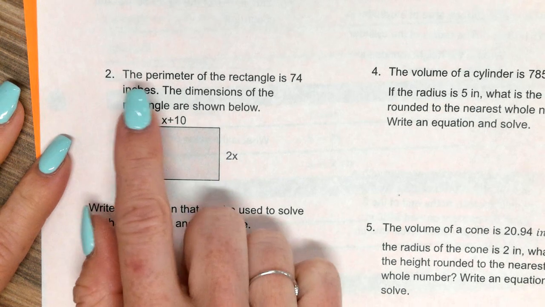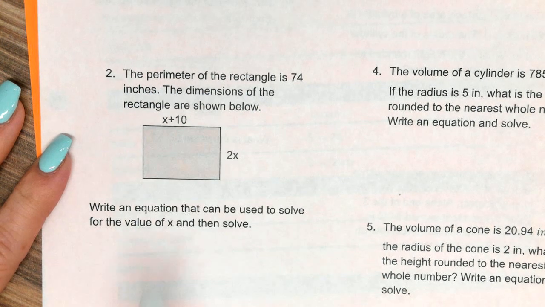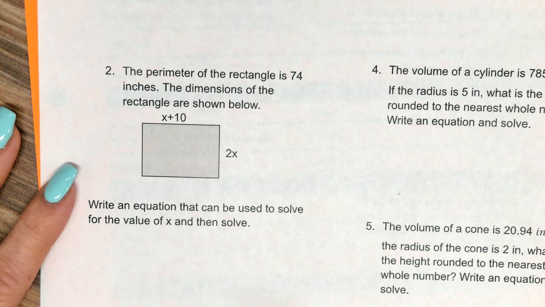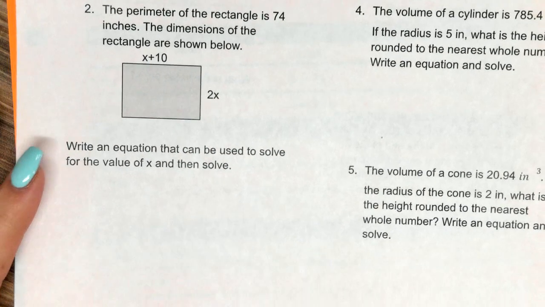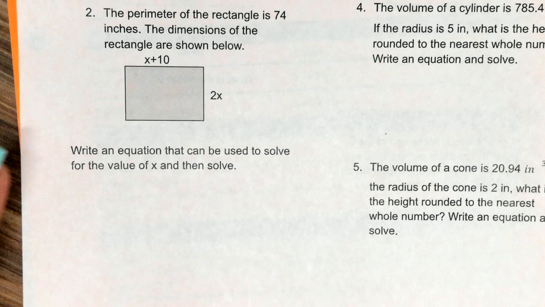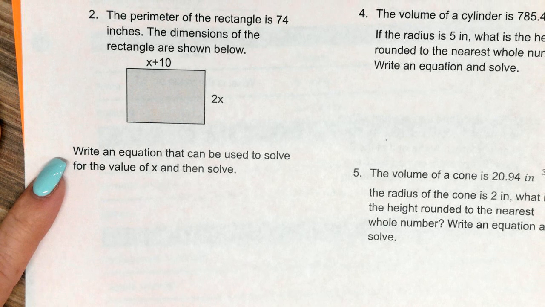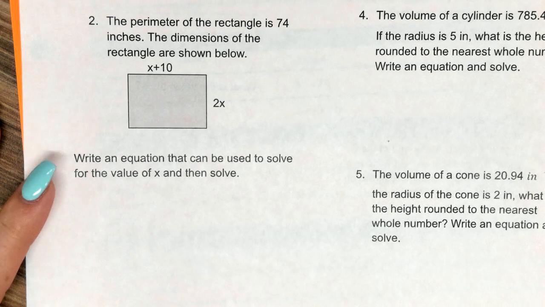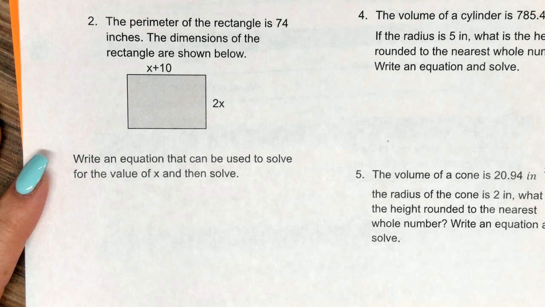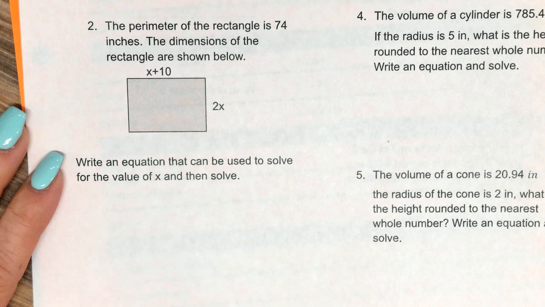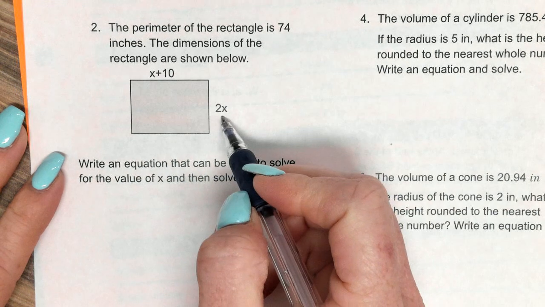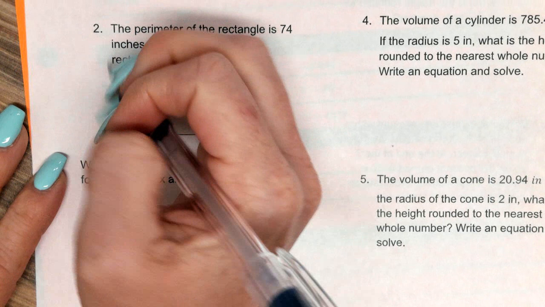Number 2 says the perimeter of a rectangle. So you need to figure out, how do you find the perimeter of a rectangle? Y'all know, how do you find perimeter? Add all sides. Well, how many sides are there? So if this is 2x, what's this?